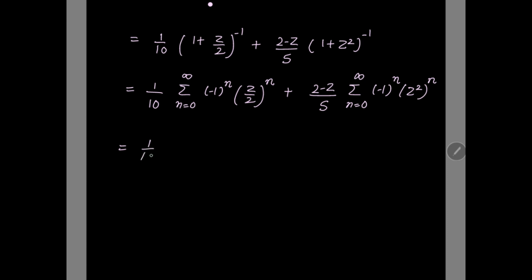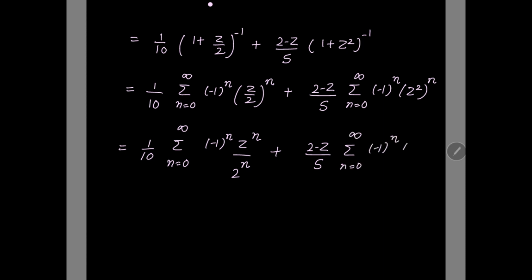Finally, 1 by 10, summation going from 0 to infinity, minus 1 the power n z the power n over 2 the power n, plus 2 minus z by 5, summation n going from 0 to infinity, minus 1 the power n z the power 2n. This is what we need.